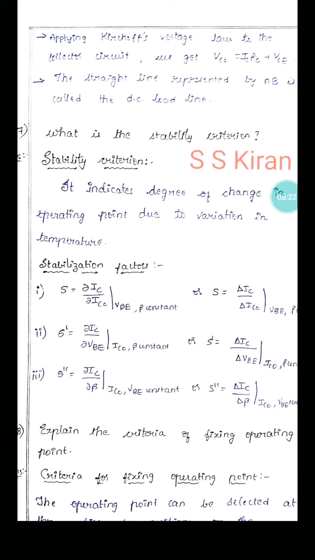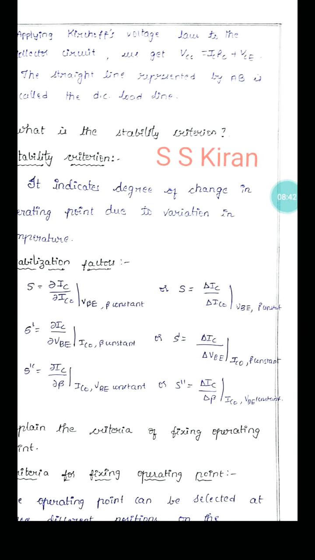Coming to the second stabilization factor, S dash is dou IC by dou VBE at IC naught, beta constant, or S dash is equal to delta IC by delta VBE at IC naught, beta constant.